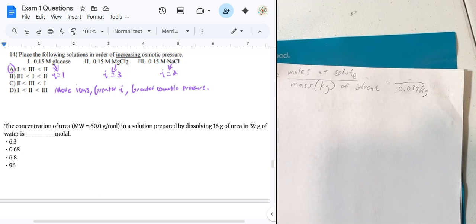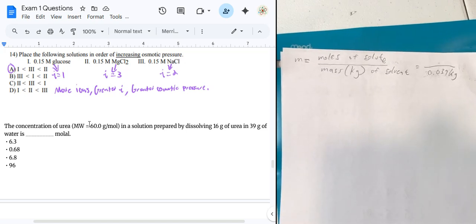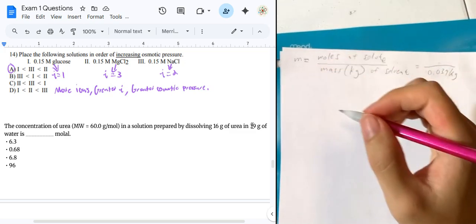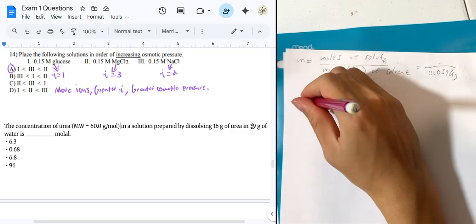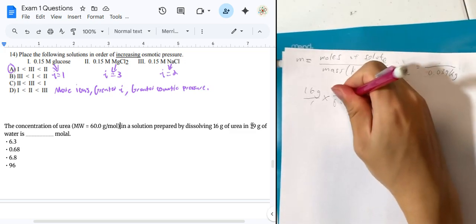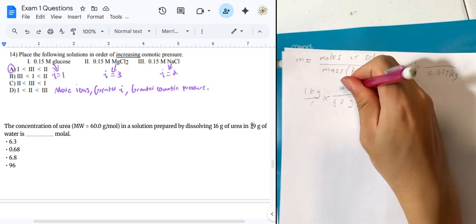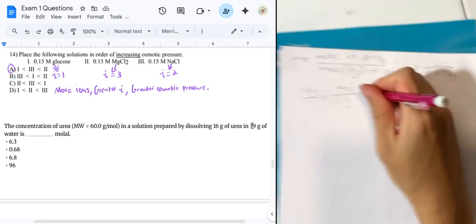And we're trying to find the moles of solute. And we have the molar mass of urea and the grams of it. So we can just convert that 16 grams of urea times, we can just flip this because it's equal to 1.